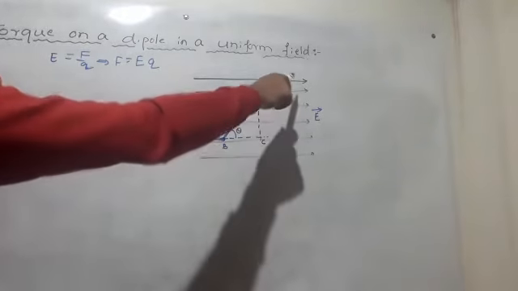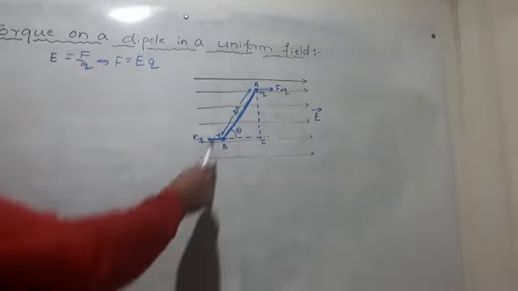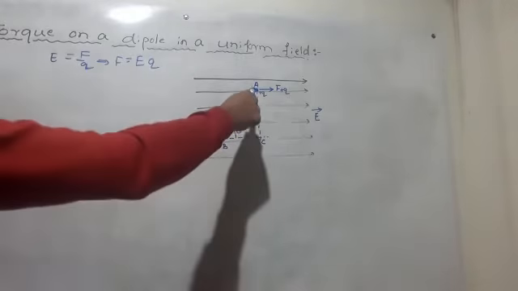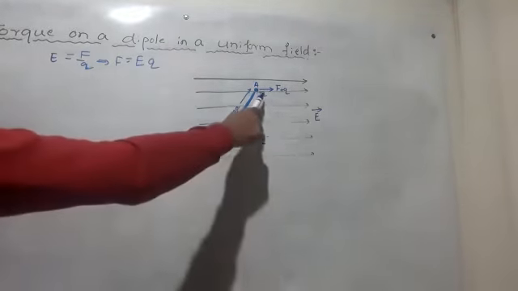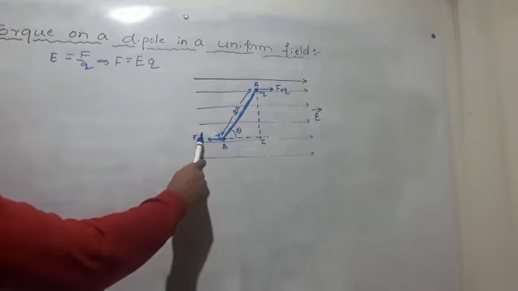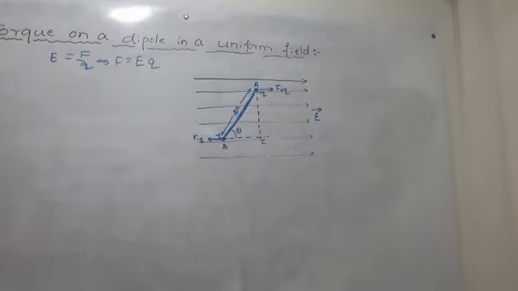F plus Q here and F minus Q here, both are acting on the same dipole but in the opposite direction. Since the magnitude of the charge is the same, the magnitude of the force must be the same but in the opposite direction.